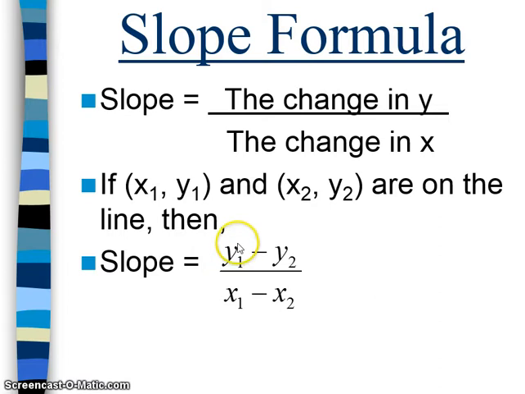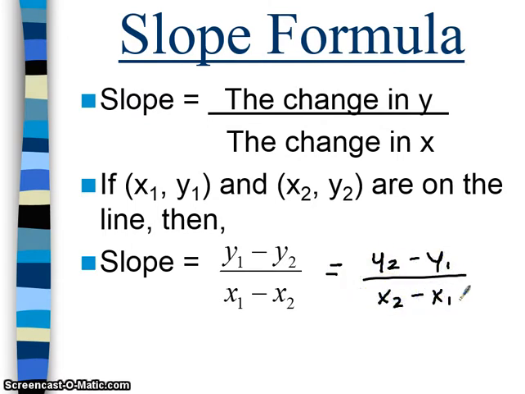Now notice, this ordered pair doesn't say xy. We labeled it x1, y1, just to indicate that this is our first point. These subscripts do not have any value except to differentiate them as the first point and these ones as the second points. Now, some textbooks and some teachers will write that the slope formula is y2 minus y1 over x2 minus x1.